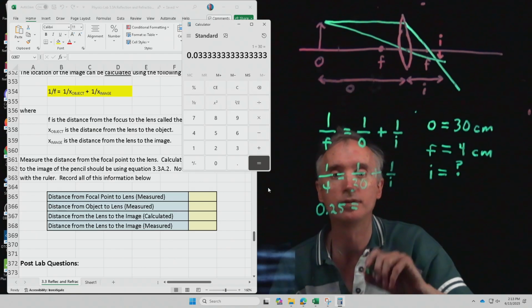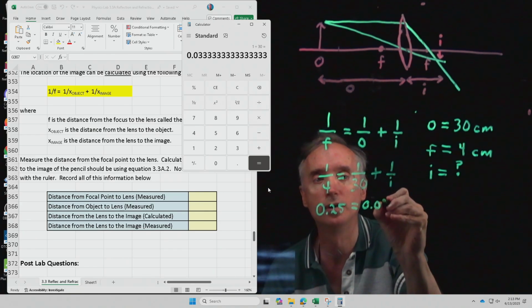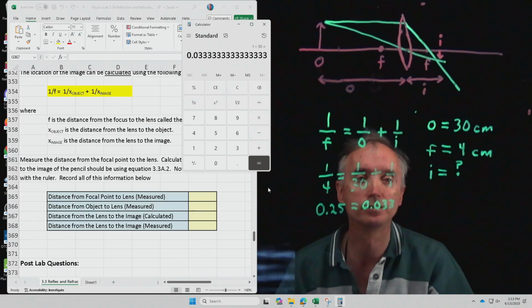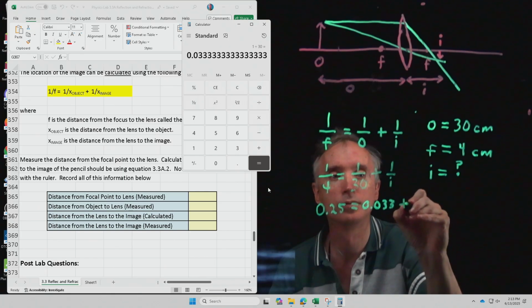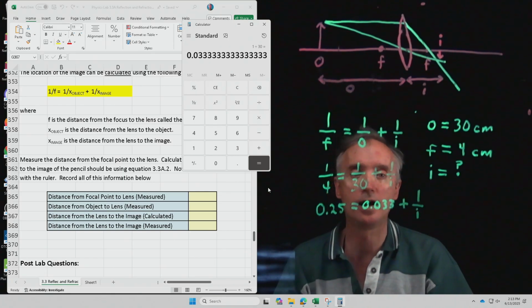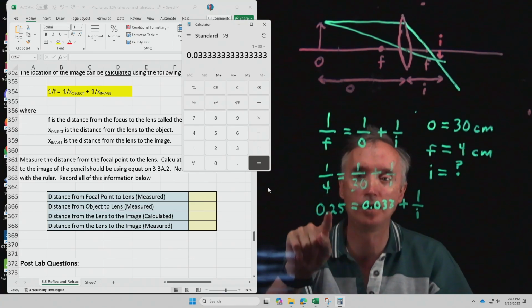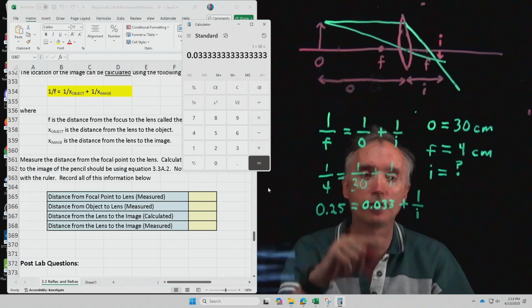Okay, now we got 0.033 plus 1 over I. Okay, now take this over to the other side. So 0.25 minus 0.033.